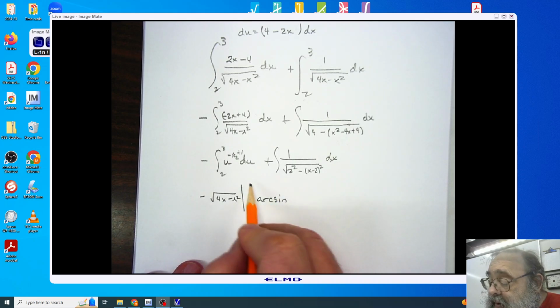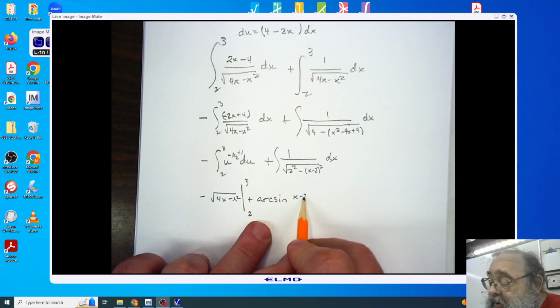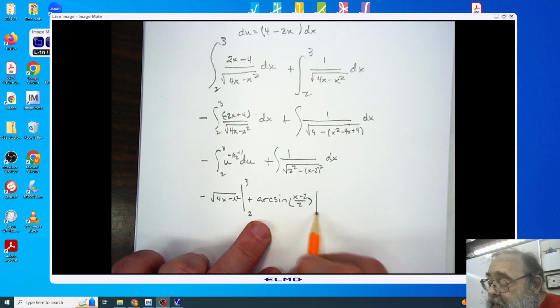Once again, this is 2 to 3, and then we have our arc sine. This is x minus 2 over 2, from 2 to 3.